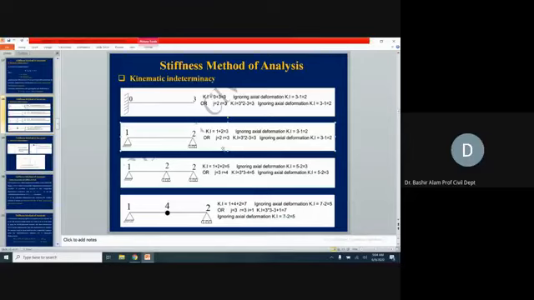Coming now to the third diagram, it is a 2-span beam having 3 supports. At left, we have a hinge support. In the middle, we have a roller support. And at the right also, we have a roller support. Now, at the left support, we have one unknown displacement, which is rotation. In the middle one, we have a rotation as well as a horizontal translation.